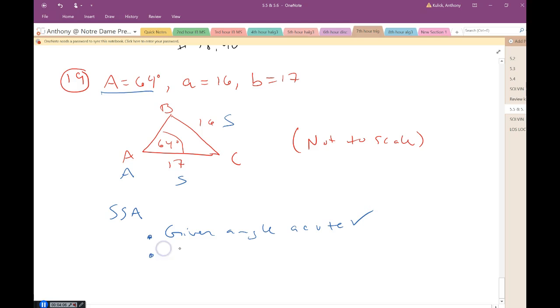And then also if the side opposite the given angle is less than the other given side. Oops, I forgot to write side there. Is that what's going on here? Yes, because 16 is less than 17. So that means for us we have two triangles possible.